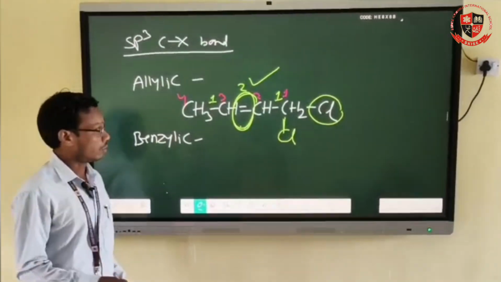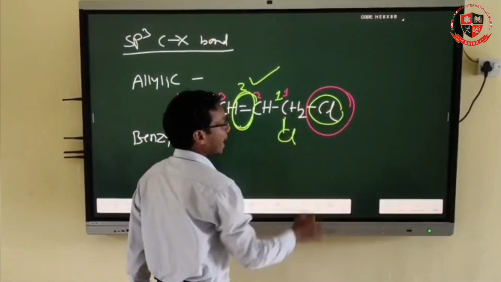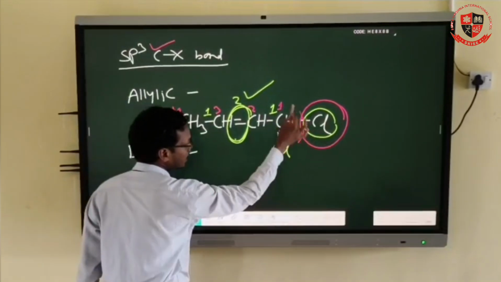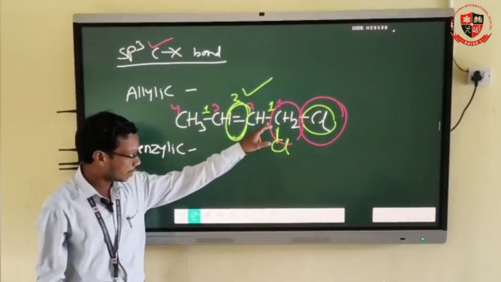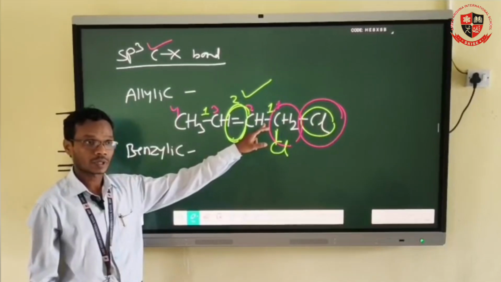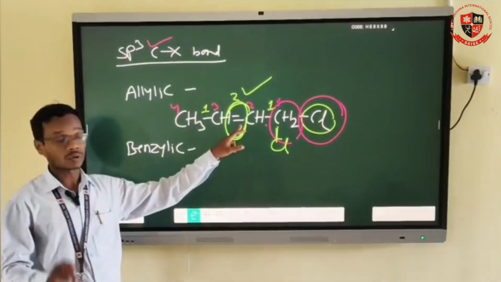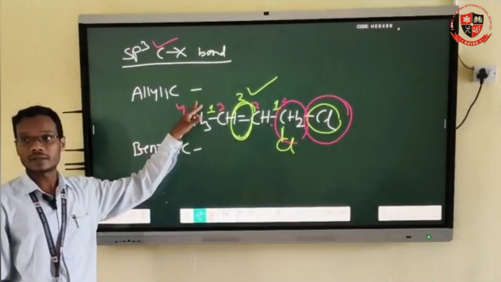Now in this compound your chlorine halogen atom is linked with an sp3 hybridized carbon, that is CH2, adjacent to the double bond. Listen carefully. There is no double bond in the first position. The double bond is in the second position. This type of compound is categorized as an allylic halide.